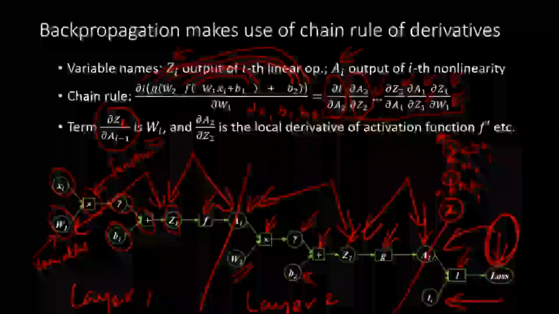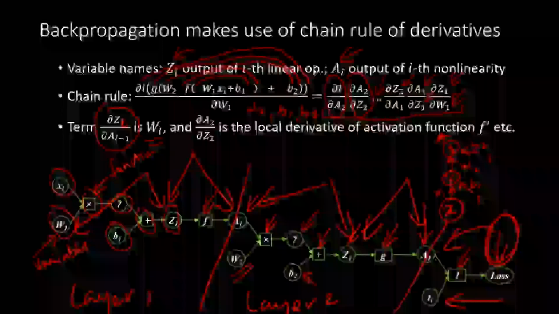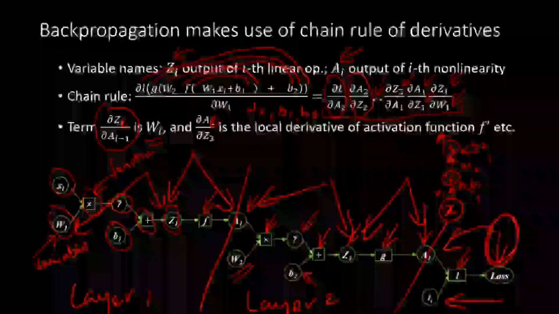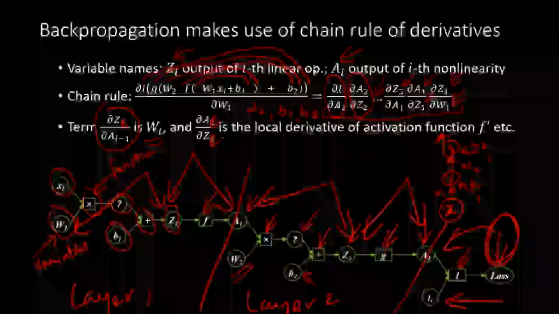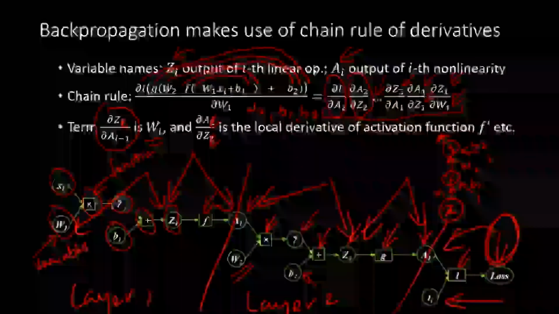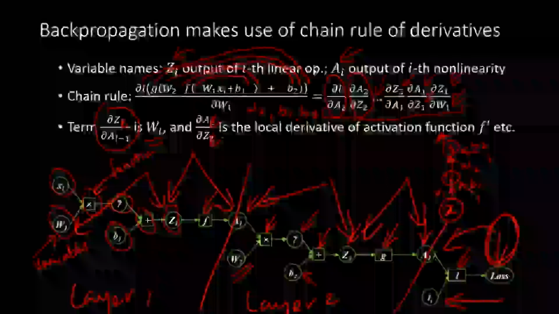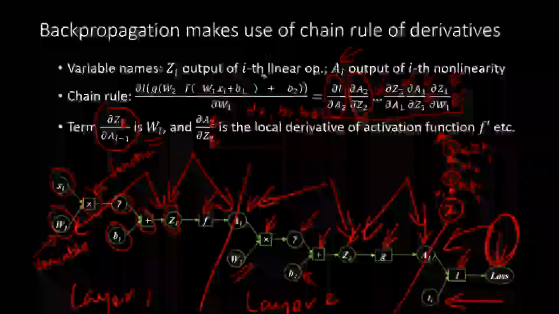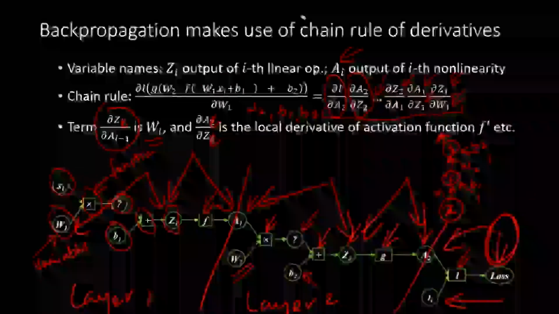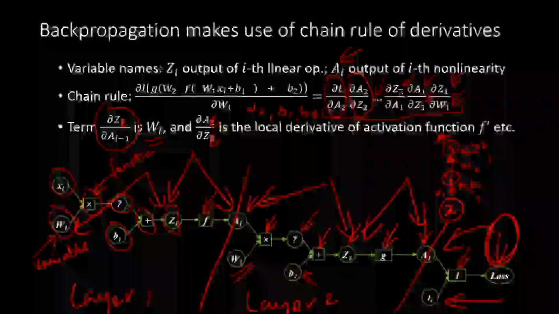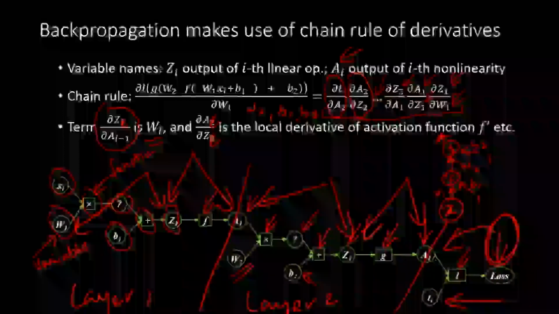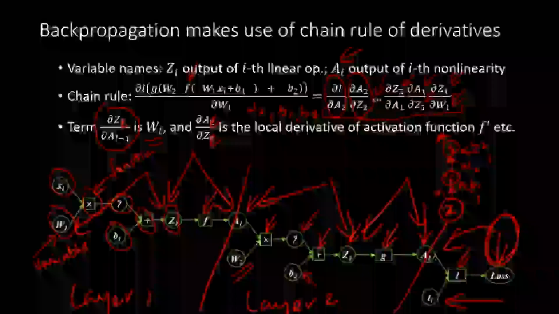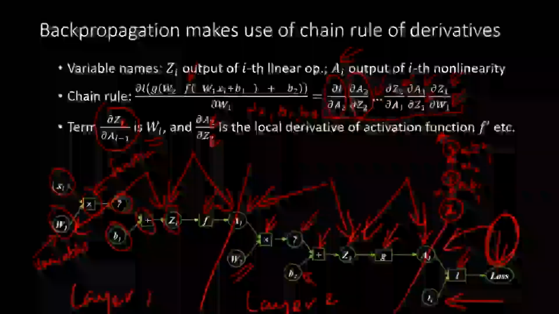And the second type of derivative you will see is the derivative of, for example, AL with respect to ZL. Right, and that is going to be the local derivative of the activation function, f dash. Where does that come from? So let's look at this expression carefully. If you look at this f, inside the f is the z, and outside the f is the a.